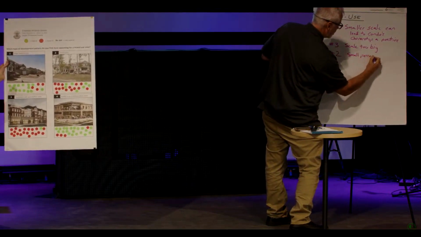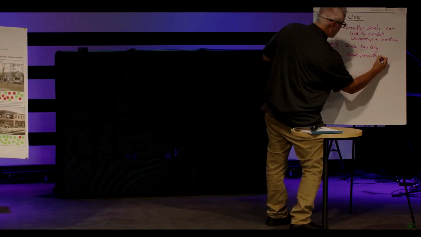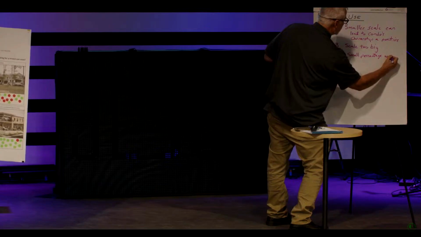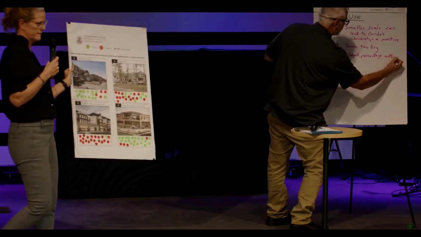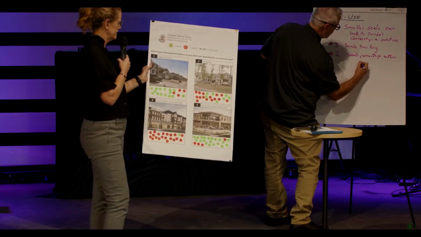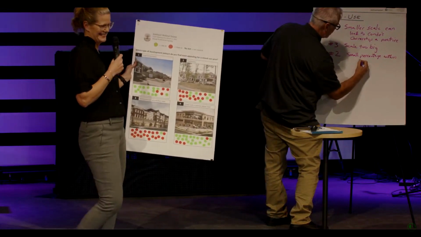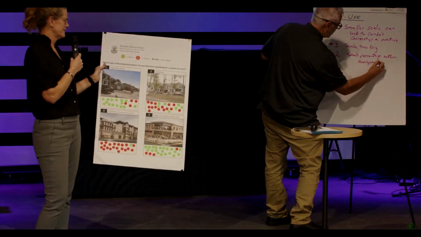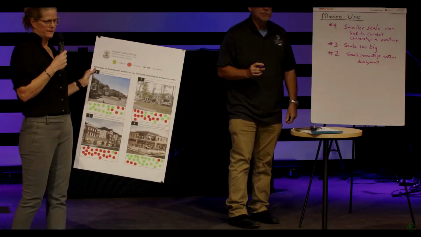They don't like apartments with ground floor retail because it's a big scale. Kind of looks like Helen. Anyway, and smaller scale residential above retail. Pretty popular. Does anybody who put a red dot up here want to say why they put a red dot up here? It's okay.